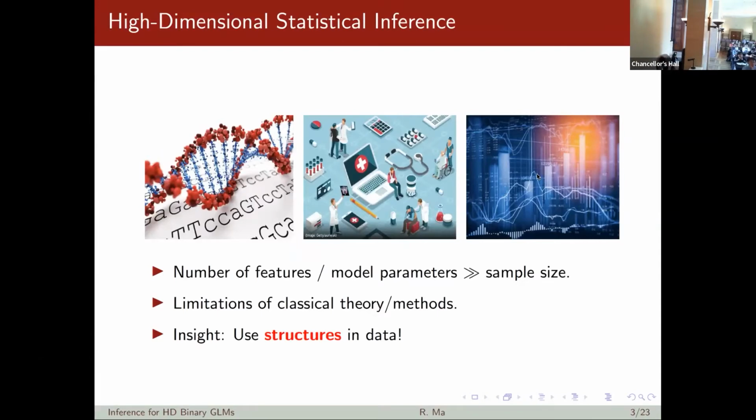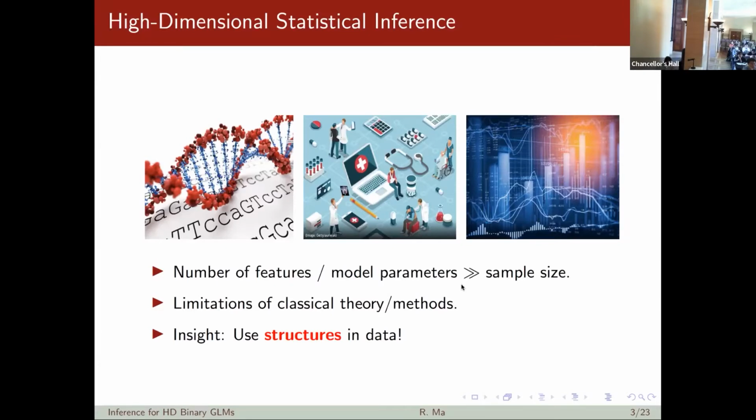The word high dimensionality signifies the situation where the number of features, or the size of the model parameters, is much larger than the sample size. And under such high-dimensional settings, people have witnessed the limitations of classical statistical theories and methods, for example those methods based on classical maximum likelihood.